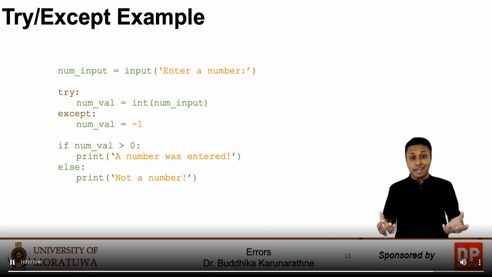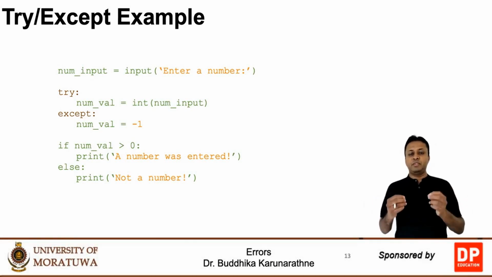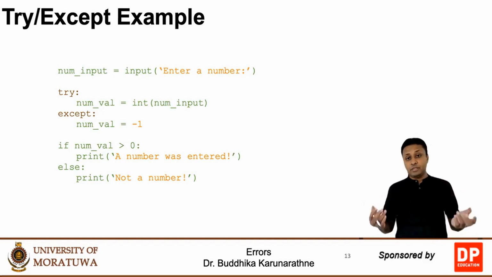So in such a case, the program will have a problem converting anything other than a number to integer. In normal circumstances, the program will complain about this issue and immediately terminate.